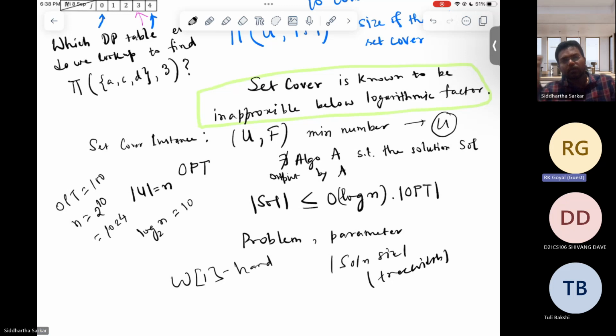Yes, because then my problem would be at least as hard as the problem which I'm reducing from. Correct. So from a given hard problem, you reduce it to your problem, that means that hard instance you convert to your instance.